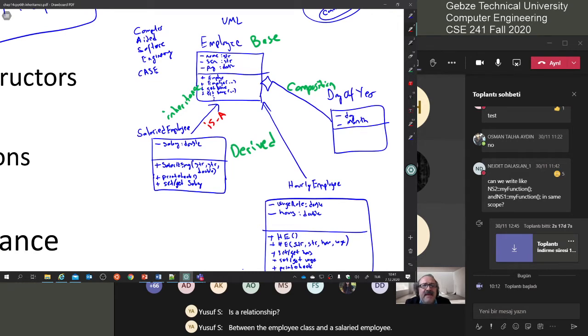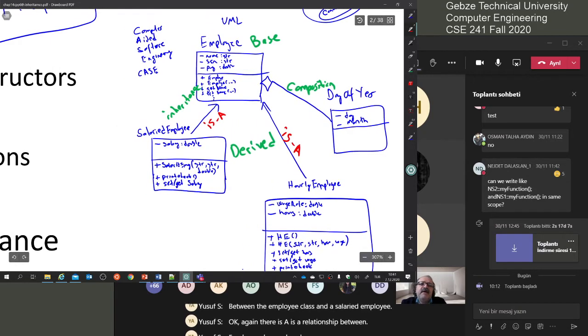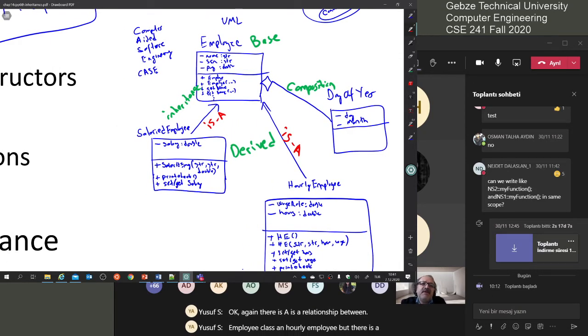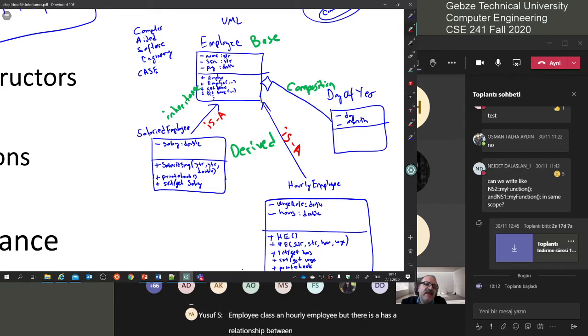Again, there is an ISA relationship between the employee class and the hourly employee, but there is a HASA relationship between employee and the day of year class.